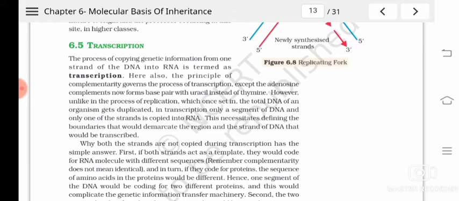When you see the processes, you can see that in transcription only one strand of the DNA will be copied, and a particular segment, not the whole length of the DNA. Understood? The strand which is transcribed is known as the template strand, and the other strand which is not transcribed is known as the coding strand.